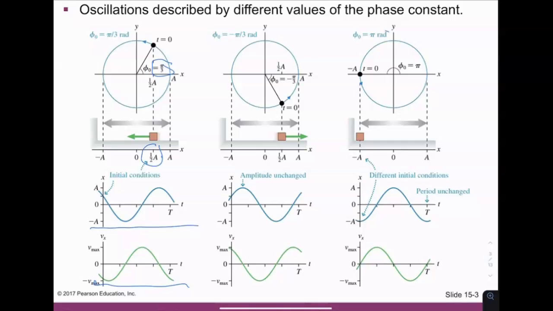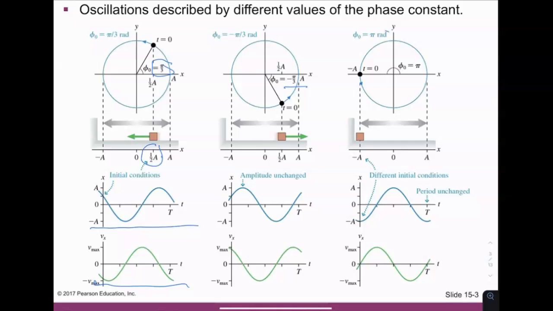We can also have the same initial condition of x equal to 1/2 A, but have the situation where the object is moving to the right instead of to the left at t equals 0. And if that's the case, the phase constant is now minus pi over 3.